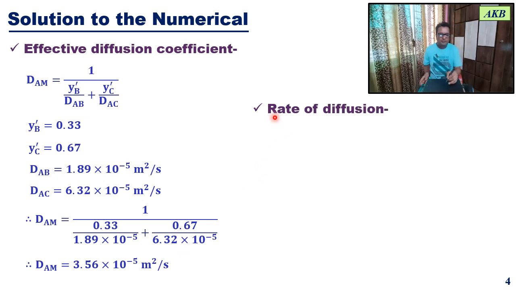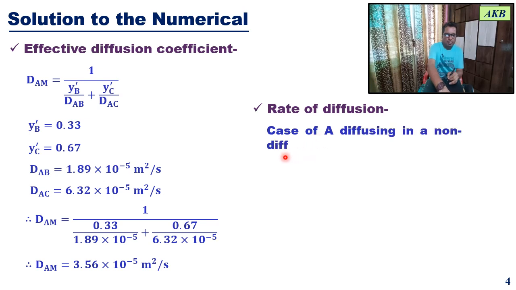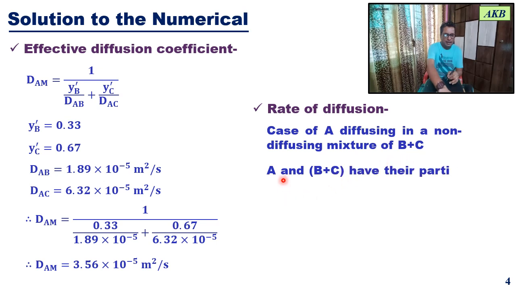Then after that the last step is we have to find out the rate of diffusion, because they have asked the rate of diffusion. So let us calculate that. Clearly, while identifying the case, we have found out that this is a case of A diffusing in a non-diffusing gas mixture of B plus C. For this case, I have already discussed this in my previous video.